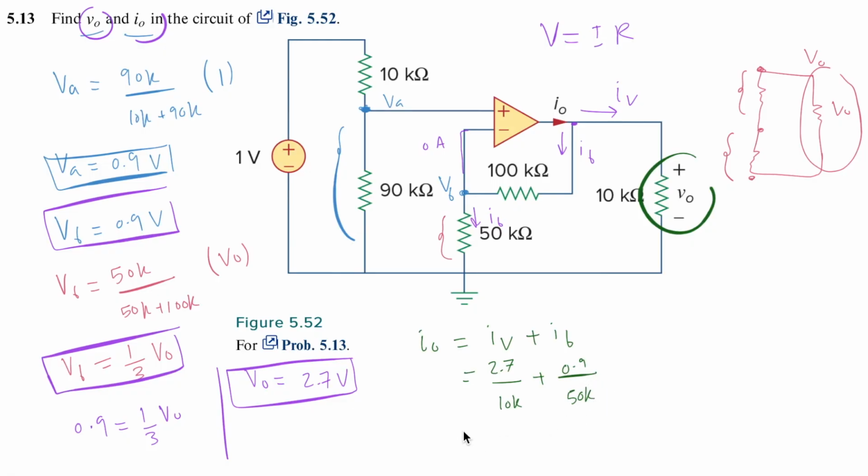Okay. So if you simplify, then you get 0.288 milliamps or 288 microamps. This is your final answer for I naught.